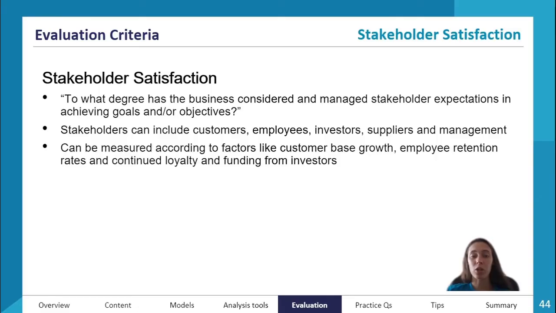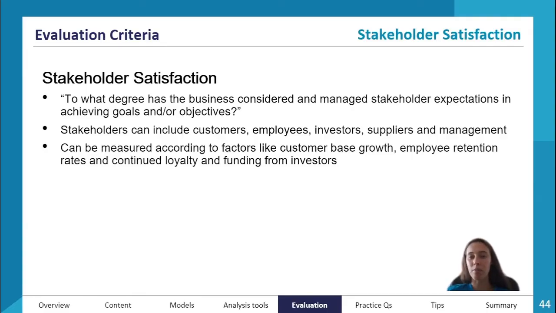It can be measured according to factors like customer base growth or decline, employee retention rates, and continued loyalty and funding from investors. If employees are sticking around, that's likely because they are happy with the organization, they're getting the training, and they have a voice.